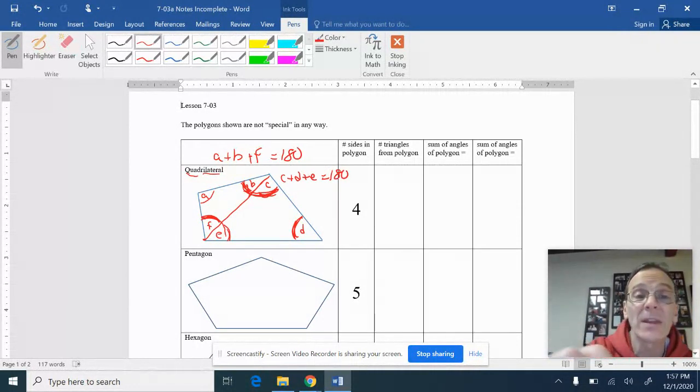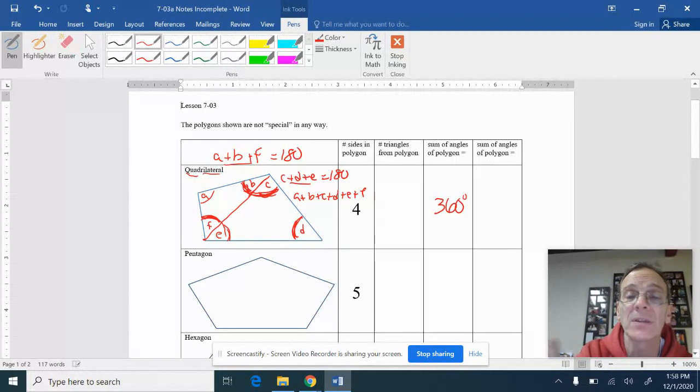So what then is the sum of A plus B plus C plus D plus E plus F, all 6 of those angles? What are they going to add up to total? They're going to add up to a total of 360 degrees.